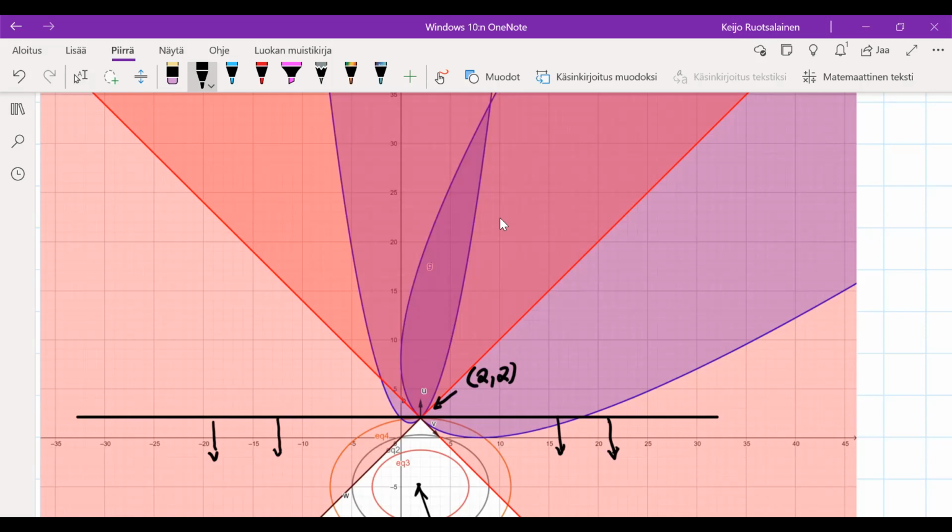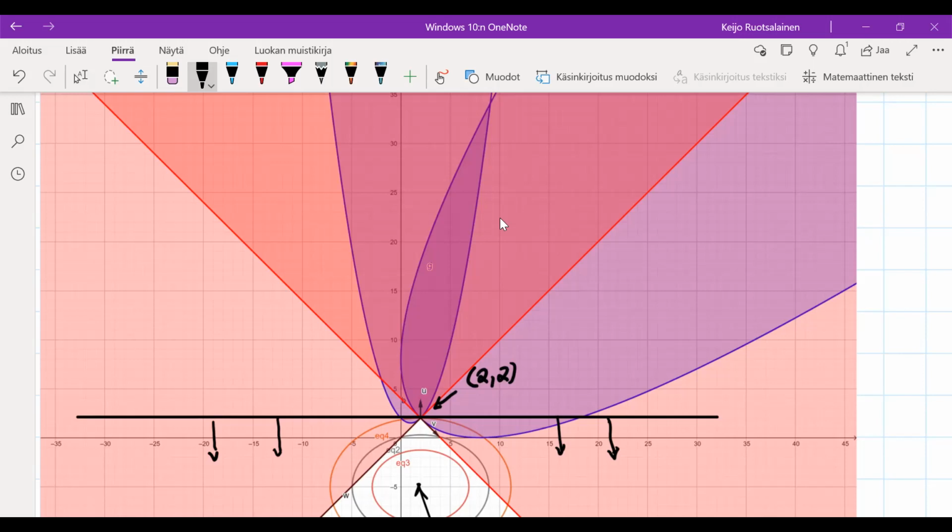But immediately when I leave the set, so it's less than 2, then I'm out of the constraint set.